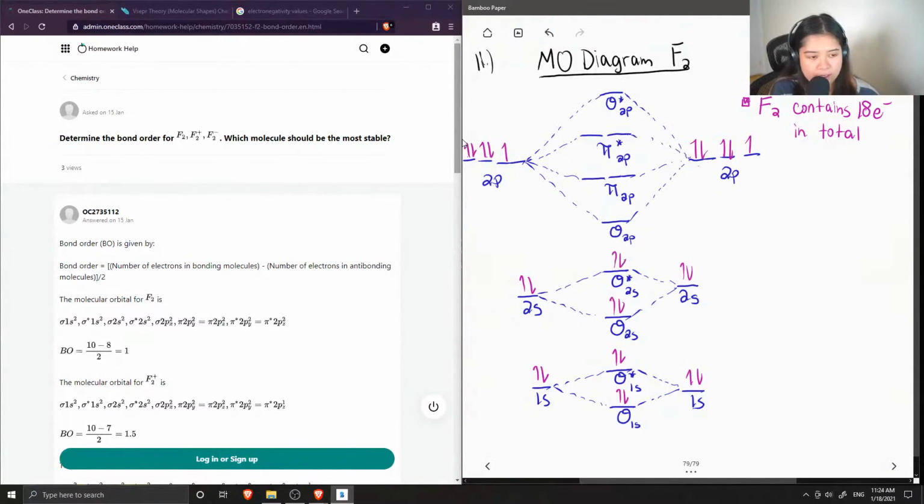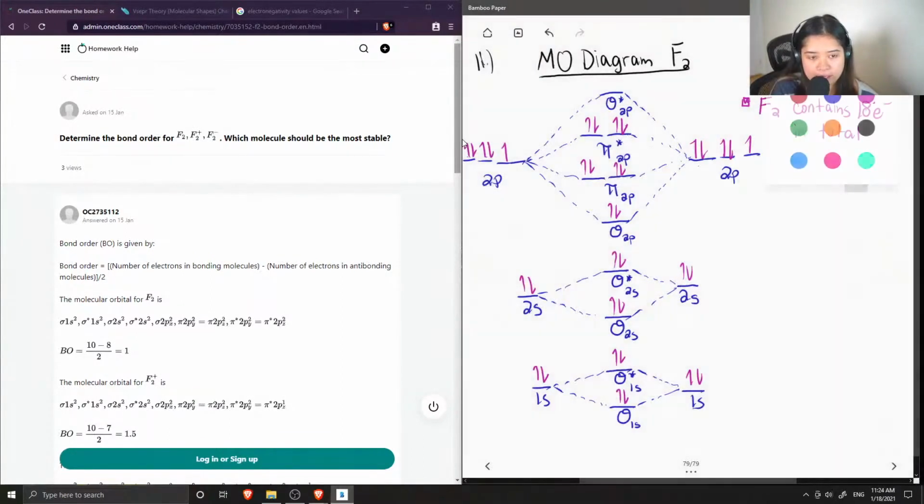So I need 18 in total for F2. 9, 10, 11, 12, 13, 14, 15, 16, 17, 18. So notice that when I have 18, then it stops at the pi star orbital.